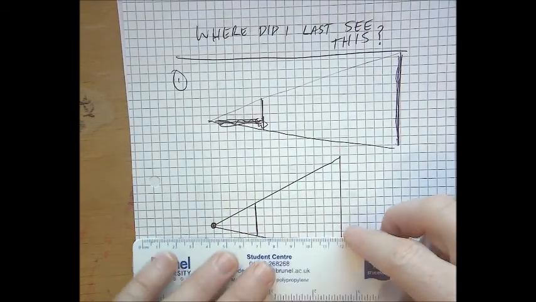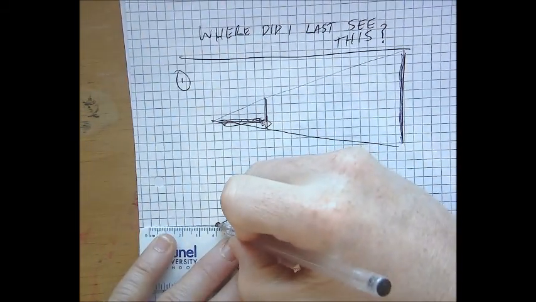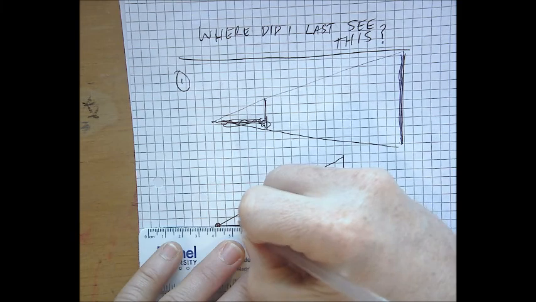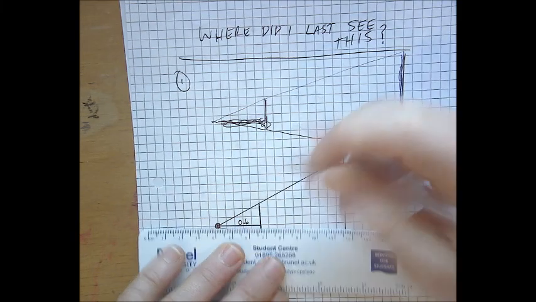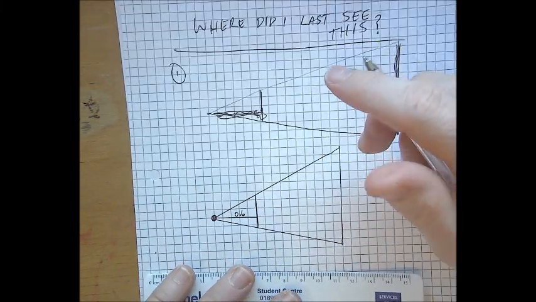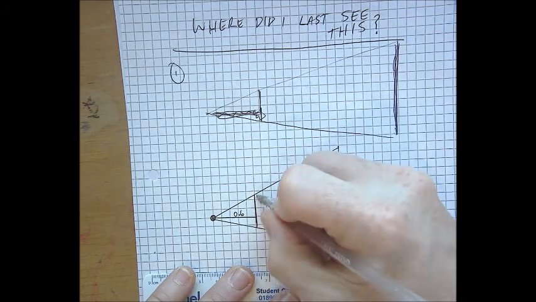Now we're told that when this occurs, that distance is 0.6 and the ruler is 0.3.